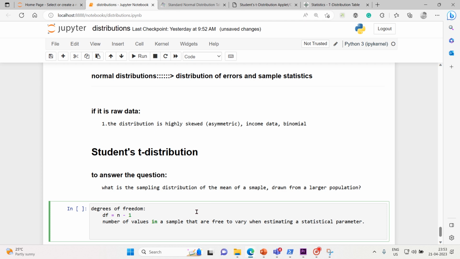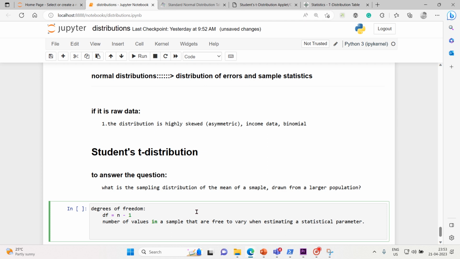This is because once we know the sum of the values and the sample mean, we can determine the value of the last observation, since the sum of all observations is fixed. This means that there are only n minus 1 observations that are free to vary. That is why we subtract 1 to get the degrees of freedom.